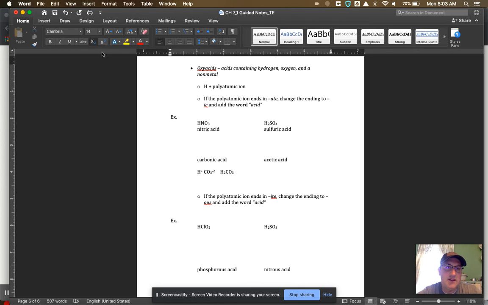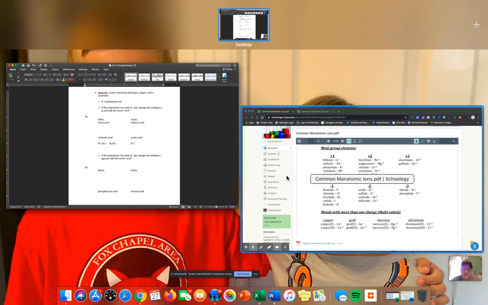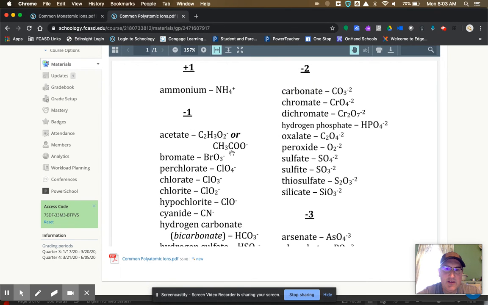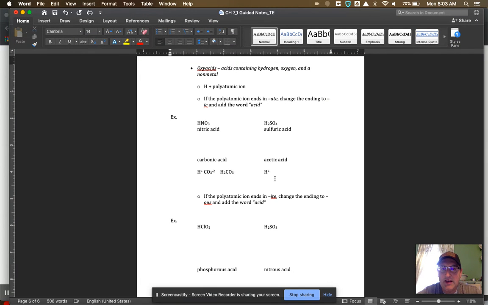Acetic acid over here. See the word acid, H plus. Now acetic goes back to acetate. Acetate's that one where, here's our common polyatomics, it's right here. You can write it in 2 ways. You don't have to write it both ways, but you can write it in 2 ways: C2H3O2 minus 1 or CH3COO minus 1. Either way you want to write that, that's up to you.